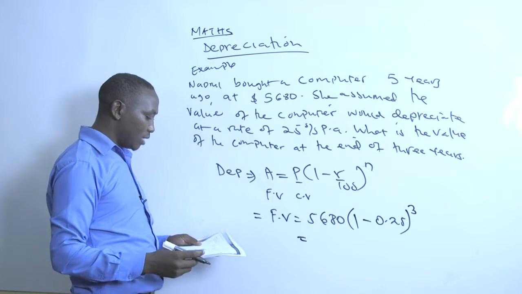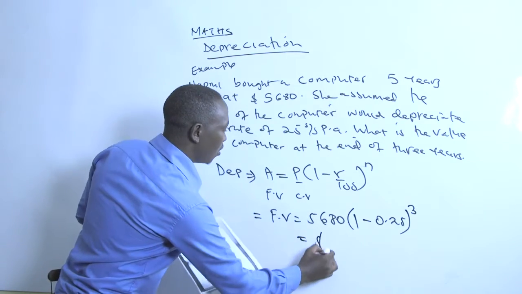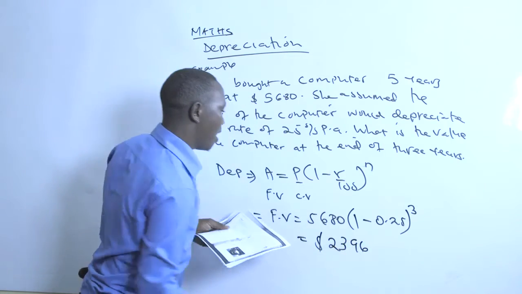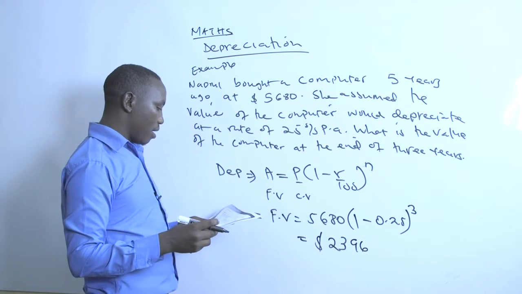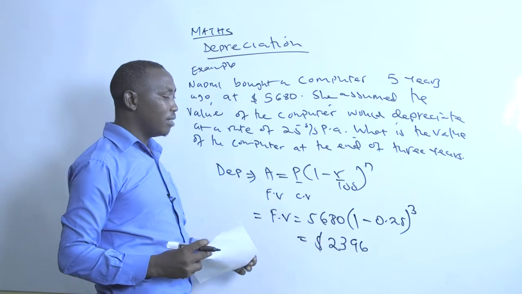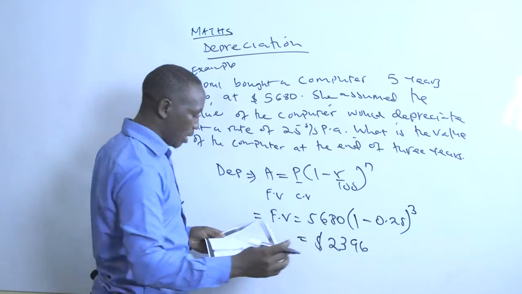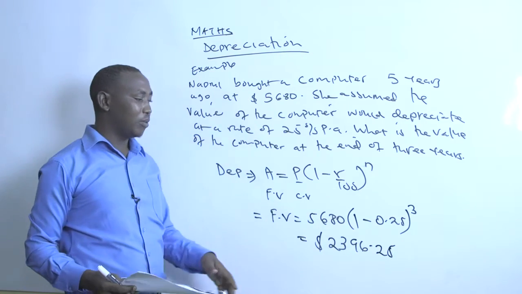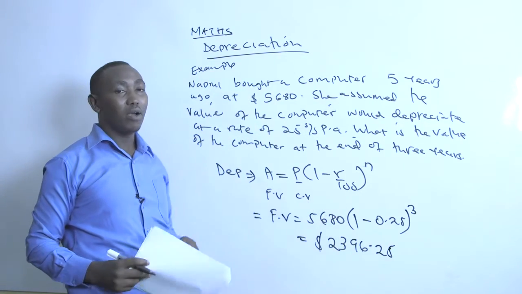So this will give us a total of 2,396.25 to be its estimated cost at the end of 3 years.